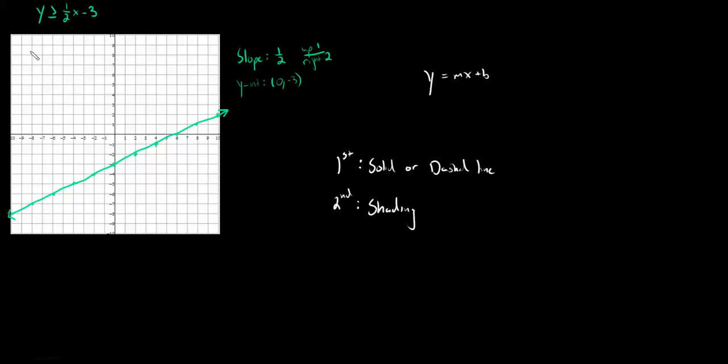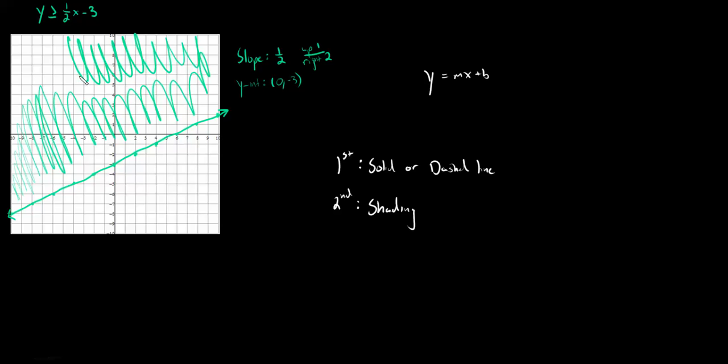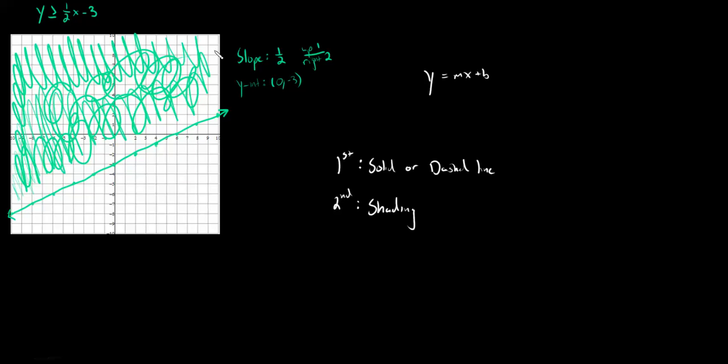But in this case, it's greater than or equal to, so I'm shading above the line. I'm just going to throw some scribbles in here. This would be a really rough sketch of our graph, and what this shading represents is where all of the solutions for this inequality lie.